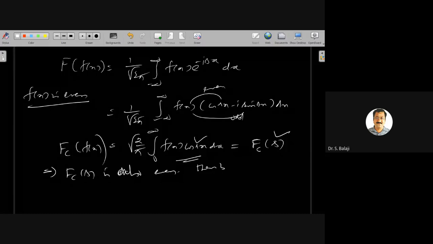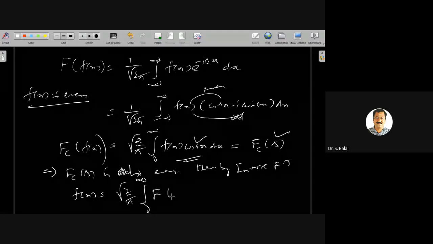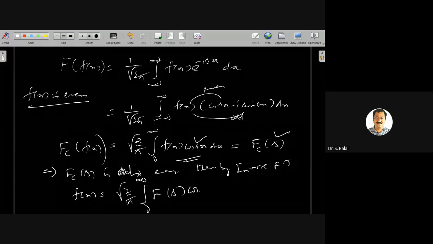Then by the inverse Fourier transform, we get another one, f of x, as FC of s is also an even function. Therefore, we get root of 2 by pi integral 0 to infinity FC of s cos sx ds, only the cosine transform.